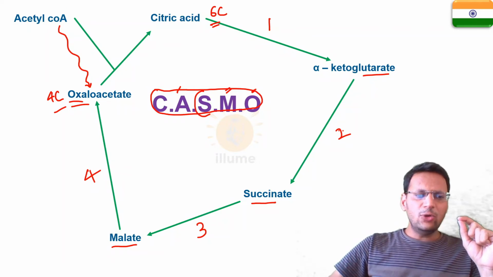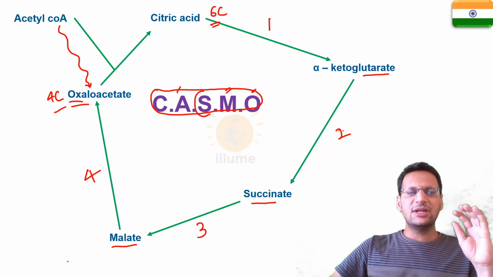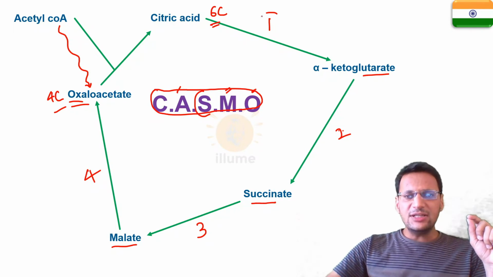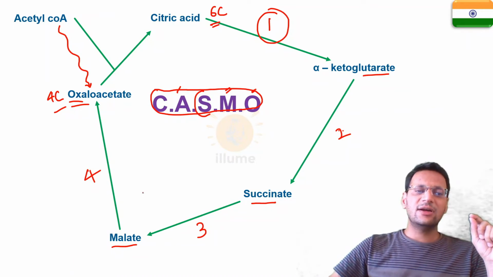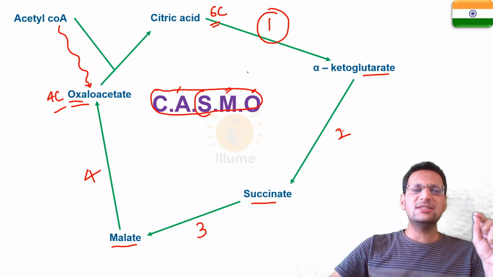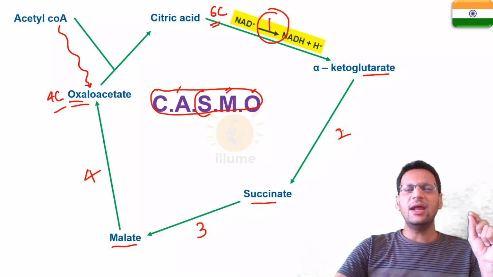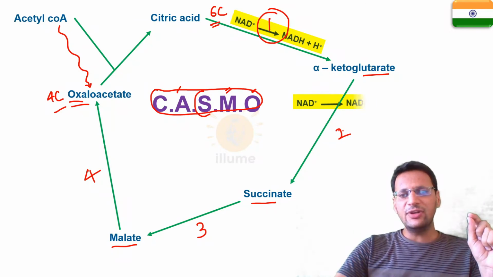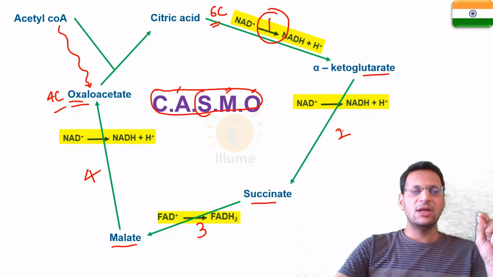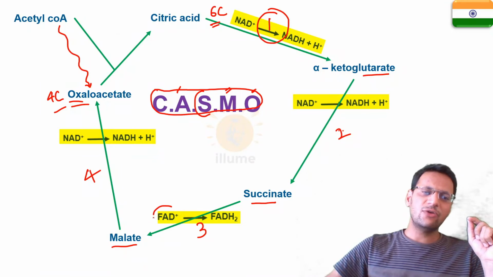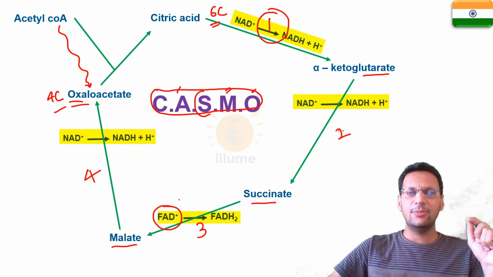Now, in order to remember the energy molecules that are produced during Krebs cycle, remember that on every step, that is the first, second, third and fourth step, there would be reduction. But the only difference is in the third step the reduction is of FAD+ and not NAD+.